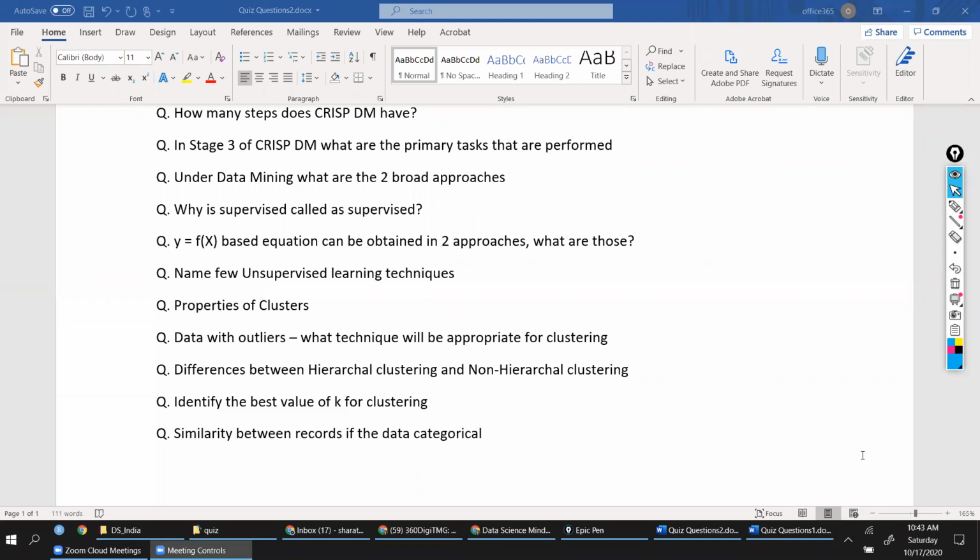Very good, Anuj. But that is not the exact answer. Very simple, guys. We are talking about categorical data. I'm not talking about binary.